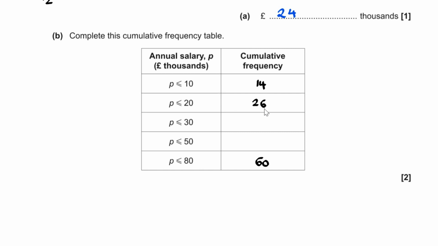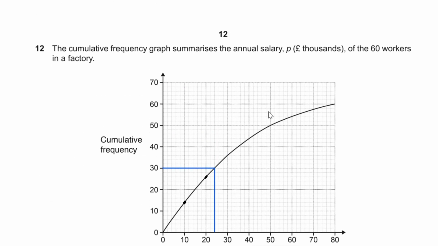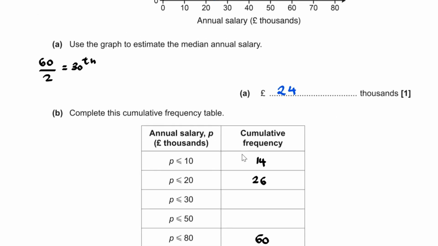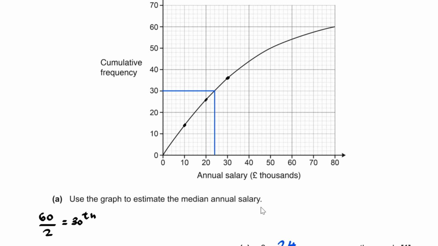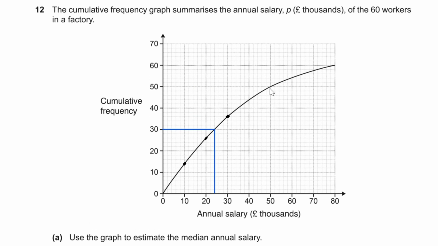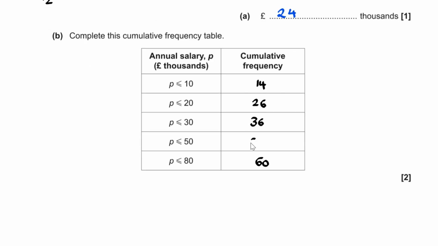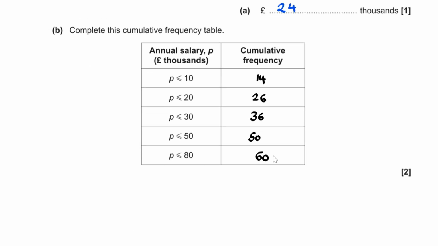For up to 30, we've got 36, and up to 50 we get 50. So here is our cumulative frequency table.